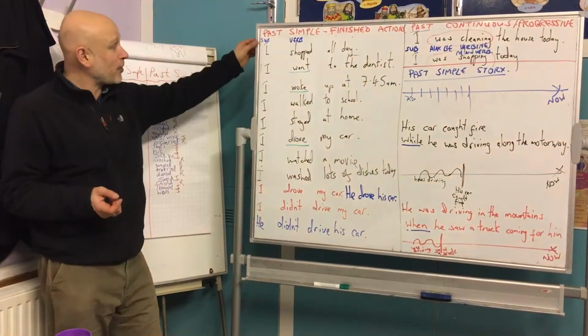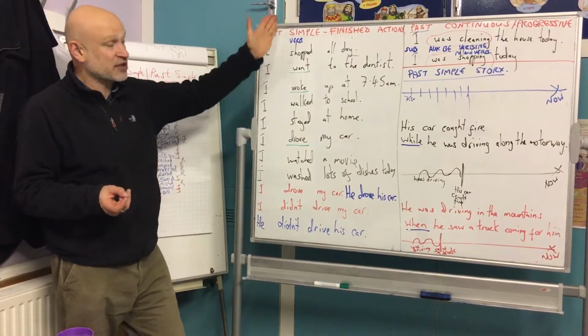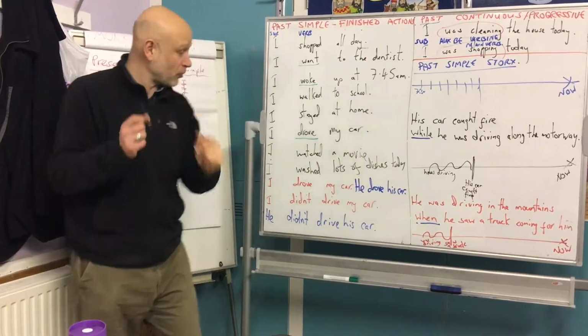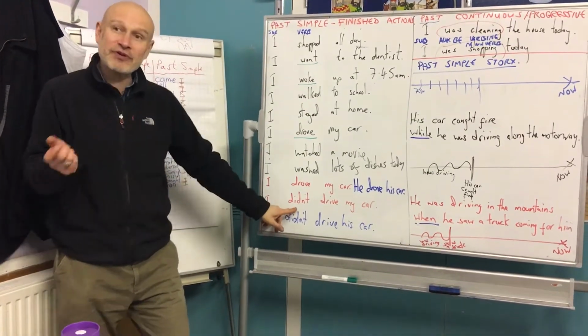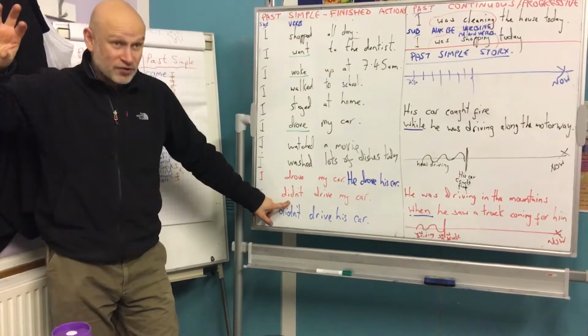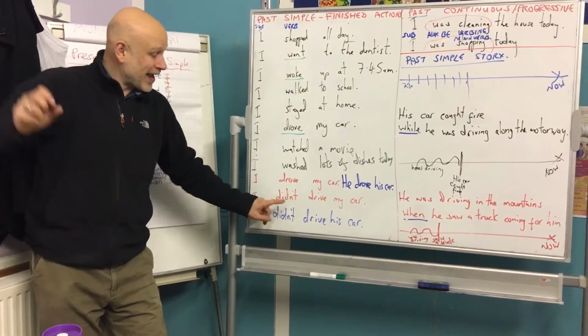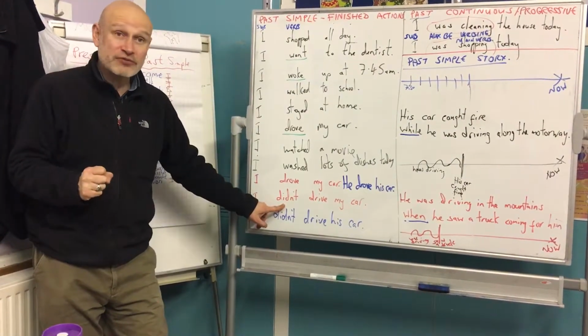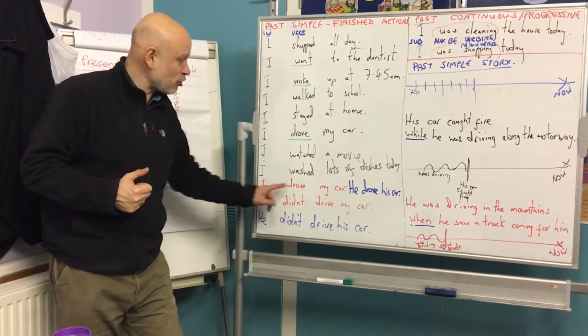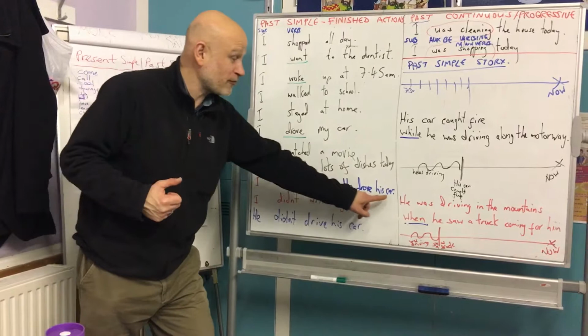When we talk about positive sentences, we use the subject and the verb. But negative is the same as present simple. We have to use the auxiliary verb do. That's the bit that tells us what tense it is. And here, we're using the auxiliary verb do in the past. I drove my car, he drove his car.